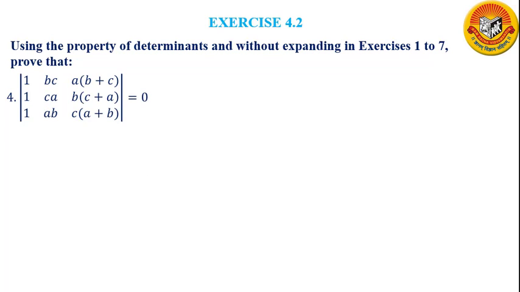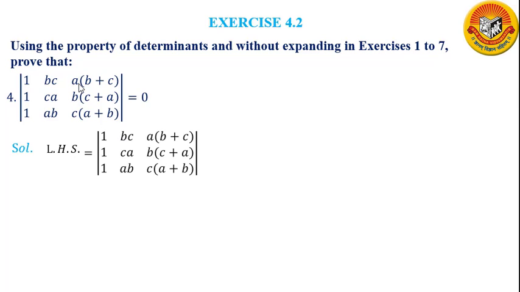Now let us see this fourth problem. Here in this problem, if you observe carefully, you will find that this third column is AB plus AC, BC plus BA and CA plus CB. If you split, that is, if you apply property number 5, then what happens?